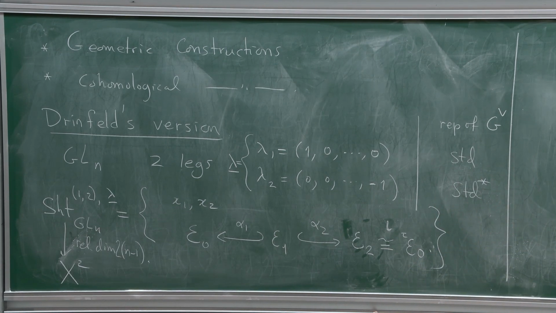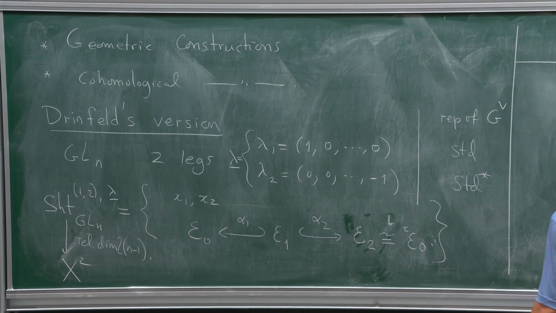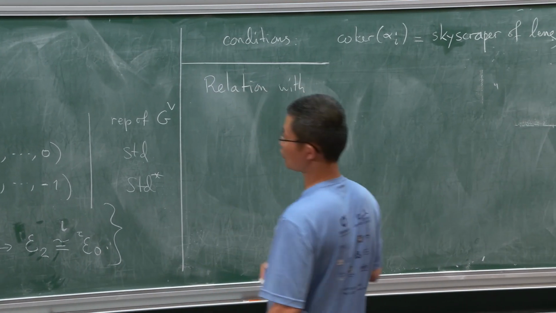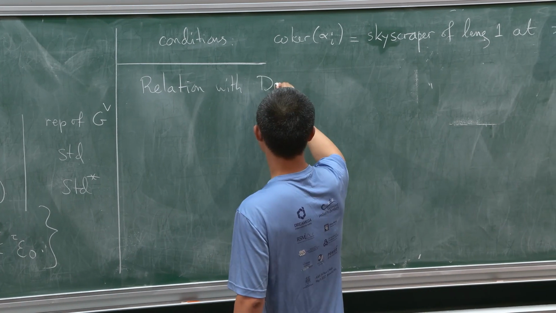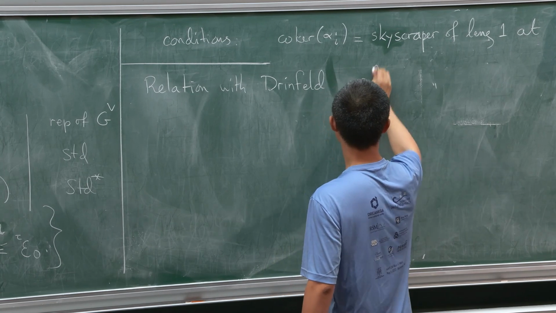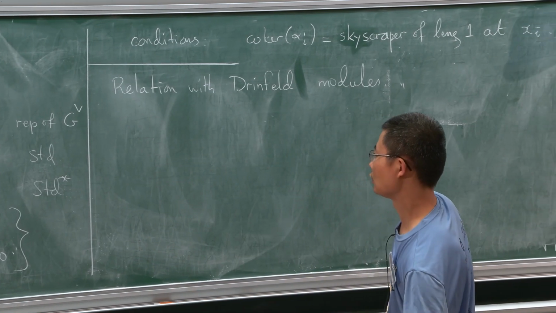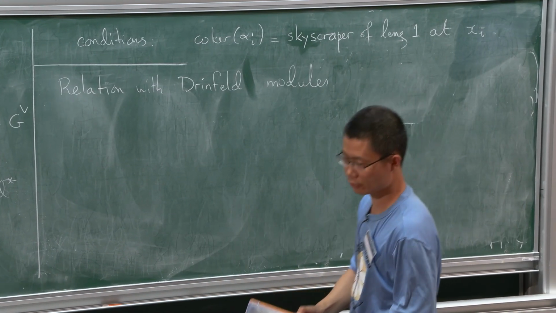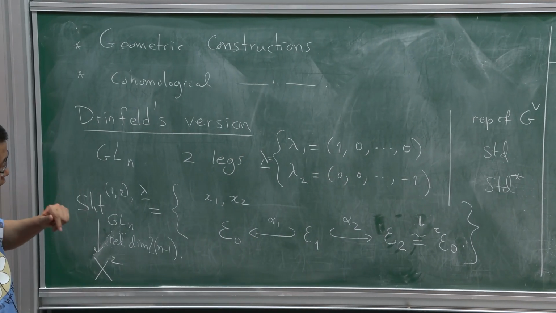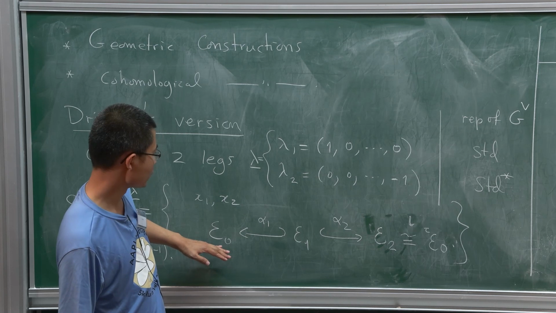Now, I want to relate Shtukas also to another notion invented by Drinfeld, Drinfeld modules. Because somehow it's not so easy to write down a concrete Shtuka. By Shtuka we mean a point in this moduli space, so such a diagram.